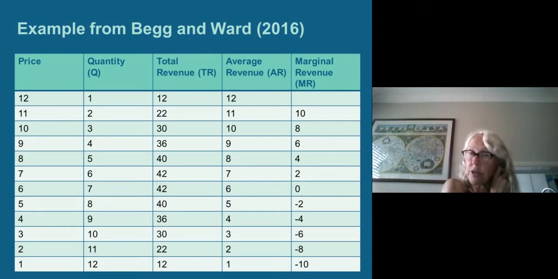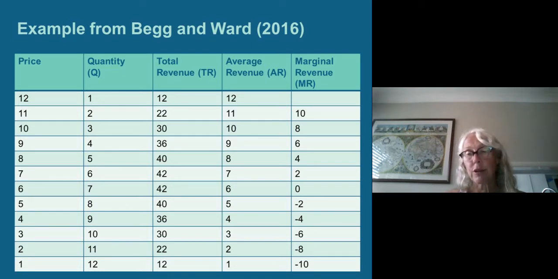So you're going to divide that change, which is 10, by 1, and that gives us 10. And then going down another one, you can see the total revenue goes from 22 to 30, so the change is 8, and again it's gone up by 1 unit. So 8 divided by 1 is 8. Okay, and you can see that pattern all the way through there.